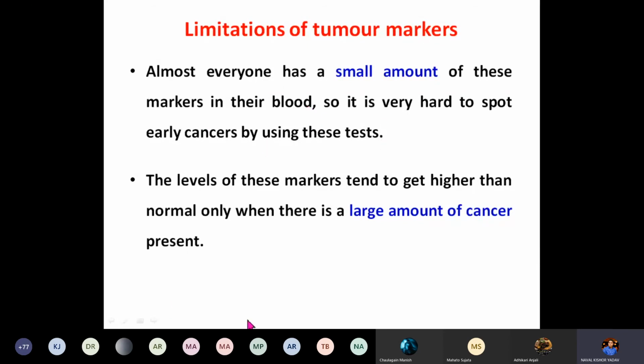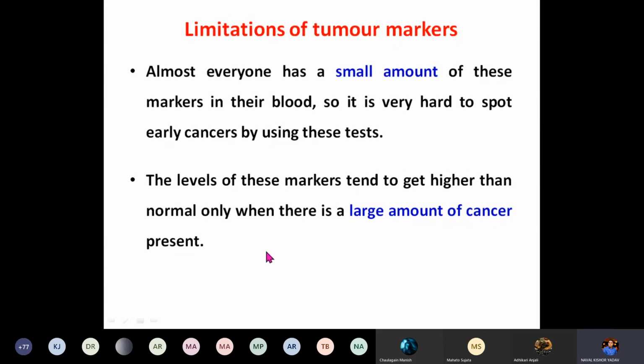That is one limitation. Second, to get a level higher than normal, a large amount of cancer must be present. The level of these tumor markers will increase when the cancer is in a later stage, not in the initial stage. If the growth of that cancer is more, then only the level will be very high.